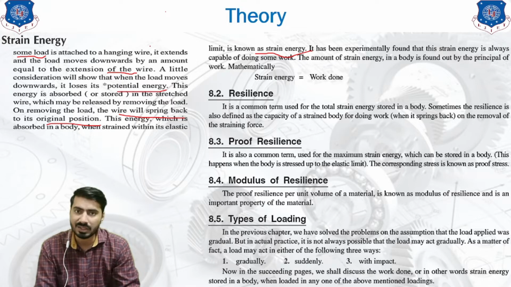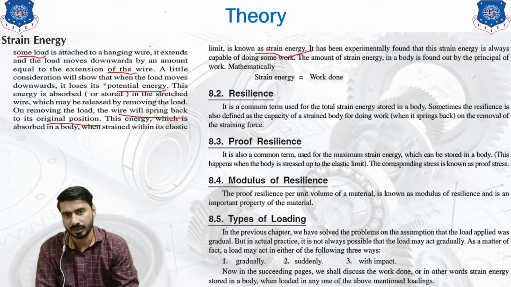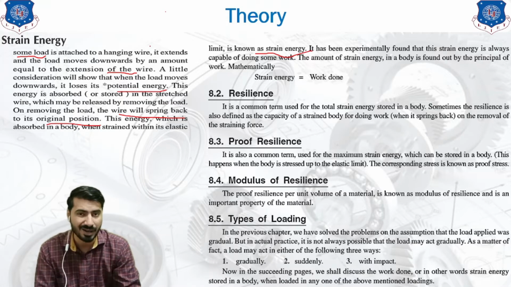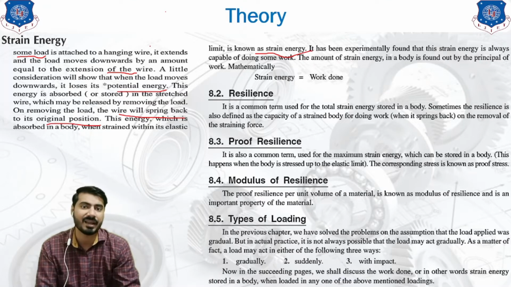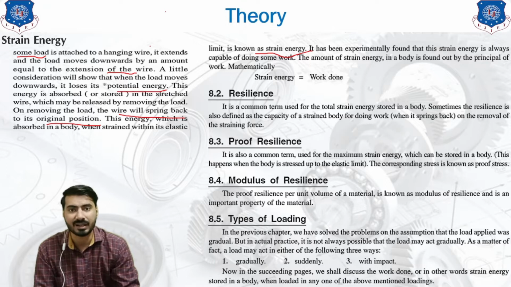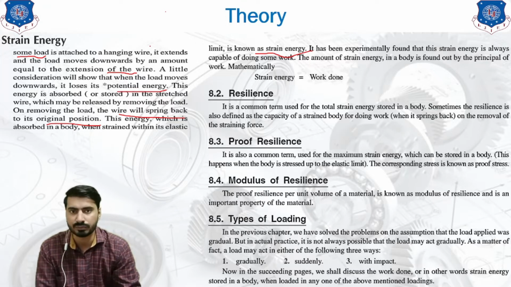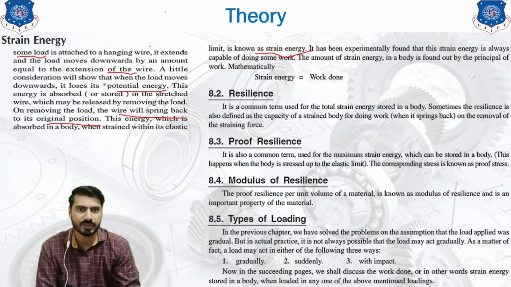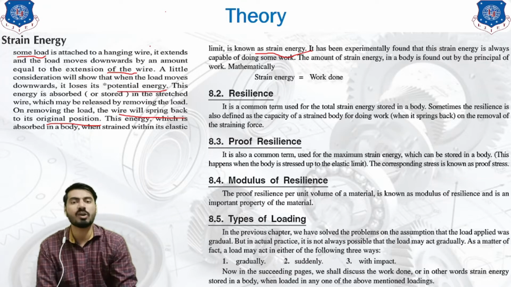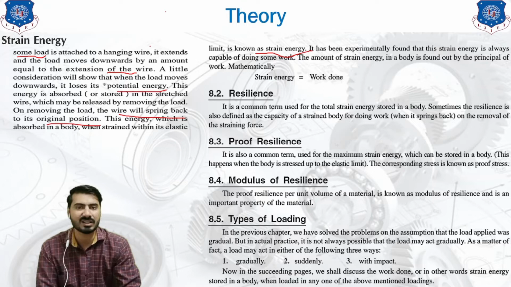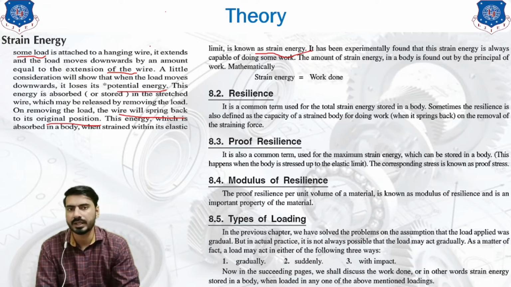It is only possible if the material had absorbed some part of the energy that is required for the deformation, and that energy releases back whenever the load is removed from the body. So basically the energy which is absorbed whenever the material is strained, that part of the energy which is absorbed in the body, is known as strain energy.